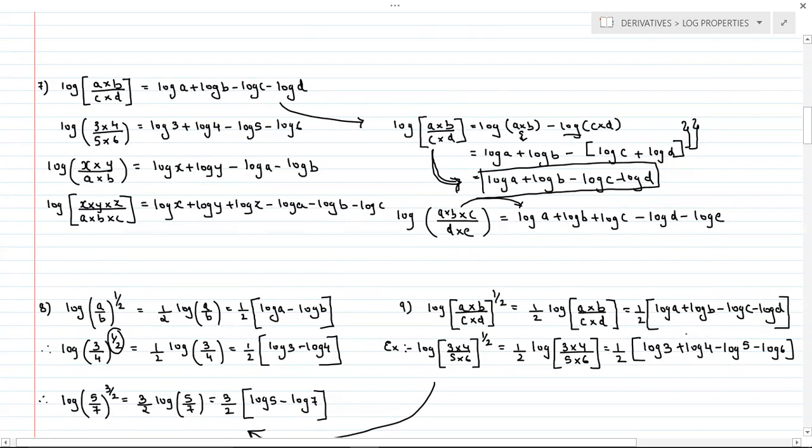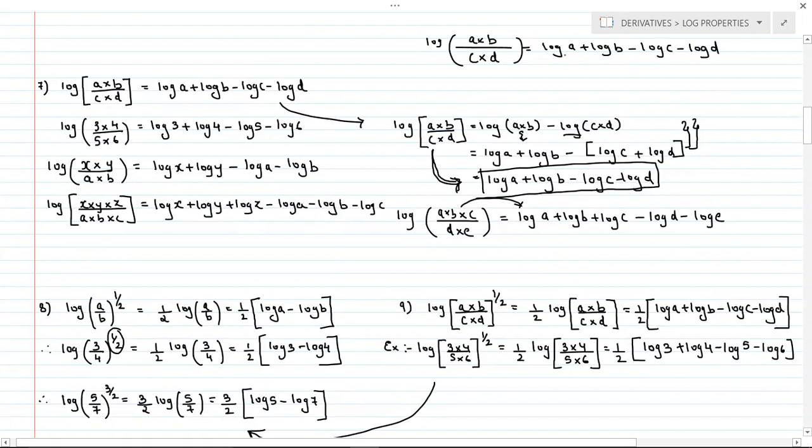So remember, whenever you see any term in numerator upon denominator format, whenever you come across this in a log, and suppose in the numerator there are more than 1 term, and in the denominator there are also more than 1 term, then the numerator part will get converted into addition, and the denominator part will get converted into subtraction.